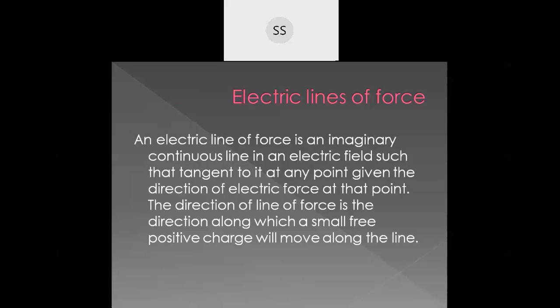So when we bring the test charge near a positive source charge, it will get repelled outwards, right? It gets repelled along some imaginary straight lines. Those lines are called electric lines of force.